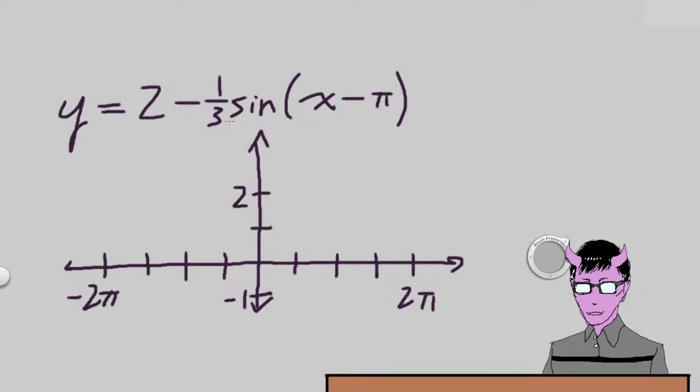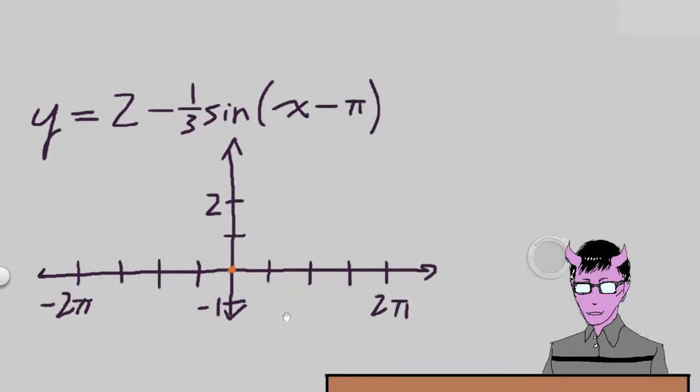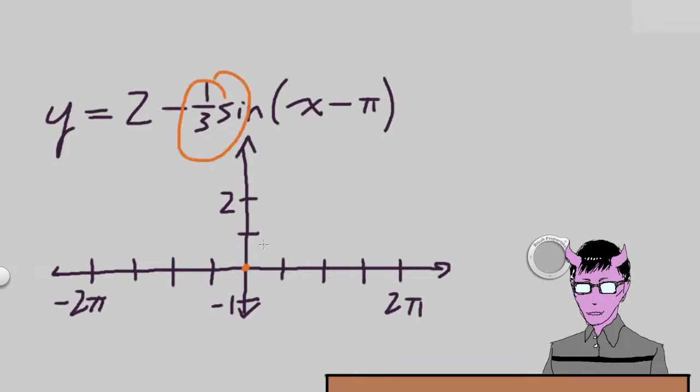Sine begins at the origin, 0, 0, and then we have the 1/3 amplitude. When we go 1 hash mark over, we hit the maximum, which is, before reflection, positive 1/3. So count: this is 1/3, this is 2/3, this is 3/3, or 1. We're hitting 1/3 for the max.